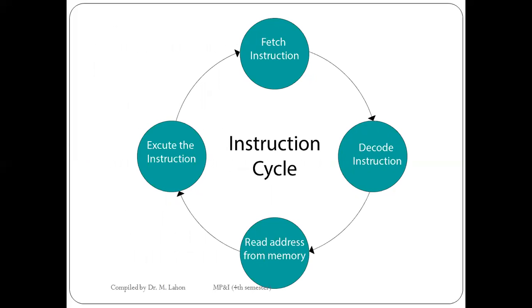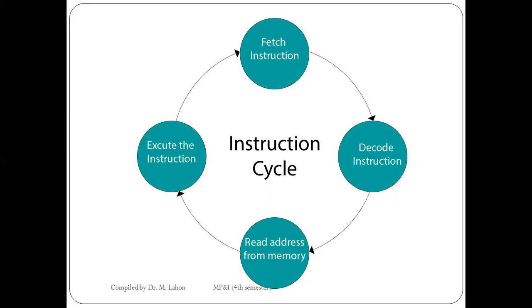Every instruction performs a cycle. First, you have to fetch the instruction. Next, you have to decode the instruction. You have to read the address from the memory and then execute the instruction. So you can simply write: instruction cycle is equal to fetch cycle plus execution cycle.